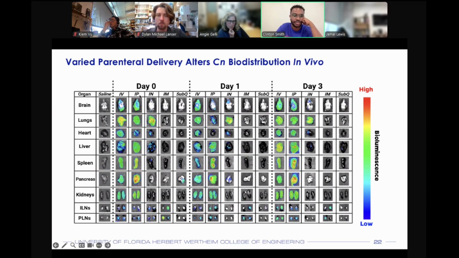So intraperitoneal delivery seems to result in higher accumulation within the pancreas. And then with intramuscular delivery, we see this accumulation within the neighboring or draining lymph nodes, which was exciting for us to see. And pretty unsurprisingly, with intranasal in healthy mice, the majority of it remains in the lungs over the course of 3 days.